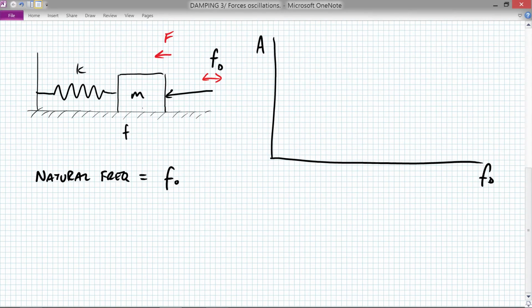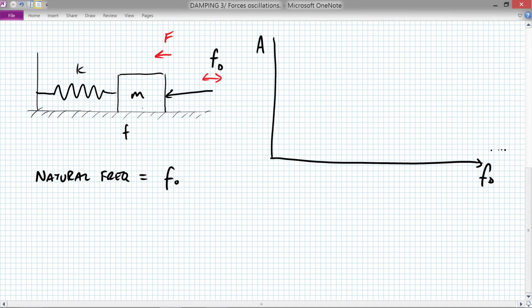So that's the natural frequency. And what happens is we'll set this drive frequency off. I'm going to start off at very high frequency, so at this end of the spectrum, if you like.